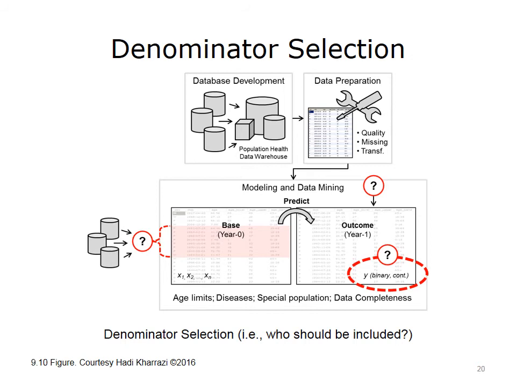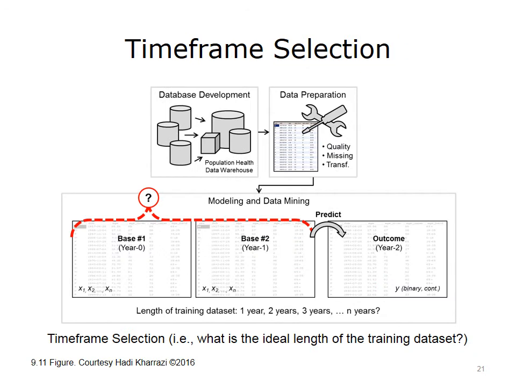And, depending on the denominator selection, there might be challenges concerning what data types or sources to select from, what outcomes to measure, and if such data is available at all. These challenges are depicted by multiple circles with a question mark in them. Selecting various timeframes for the base dataset can affect predictive model development.